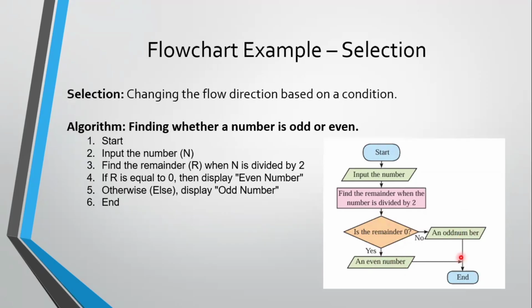So, this is how a computer makes decisions. Understood? This is the algorithm related to this flowchart. You can check one by one, step by step, right?